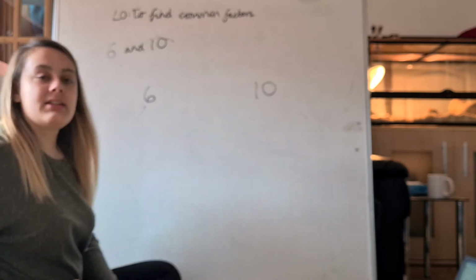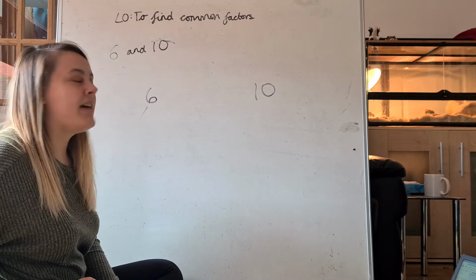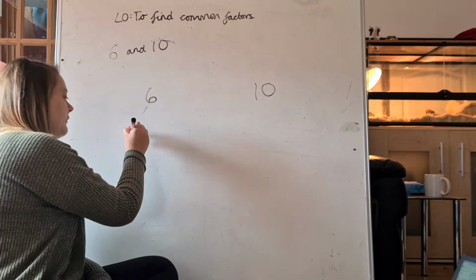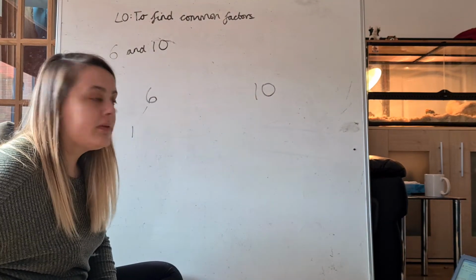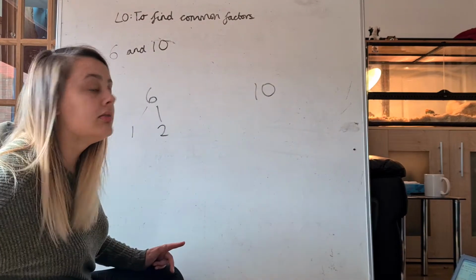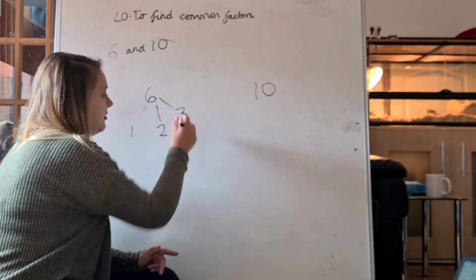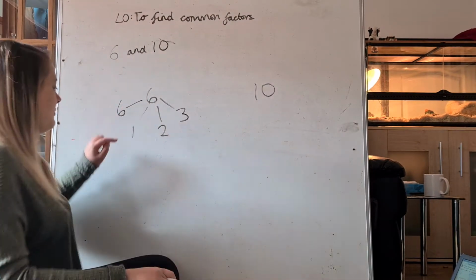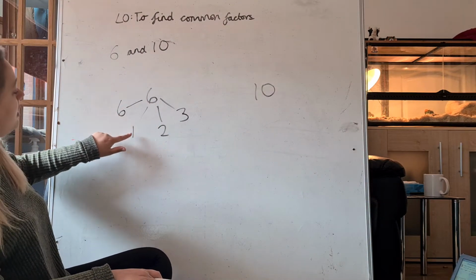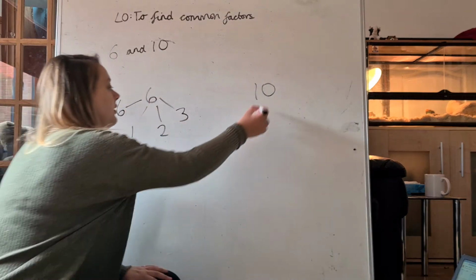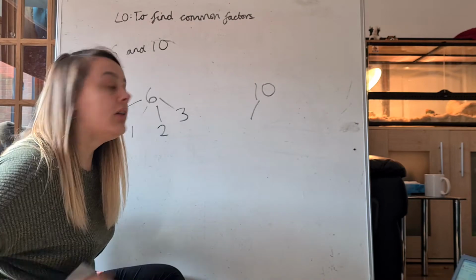Give me one factor of 6. That magic factor that is a factor of every single number. 1. Fantastic. Another one. 2. Yeah, 2 goes into it. 3. Yeah. 4. No. 5. No. 6. Brilliant. Remember those factor pairs to help you: 1 times 6, 2 times 3. Now 10. 1.